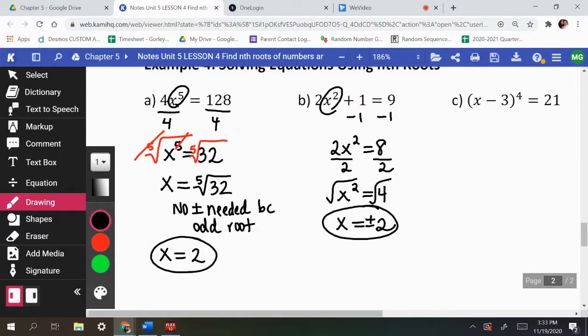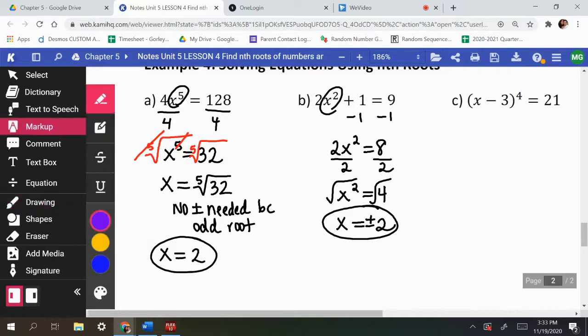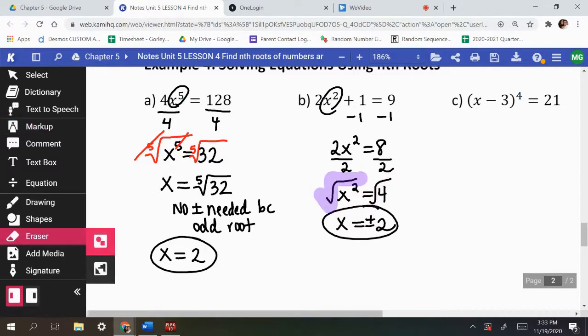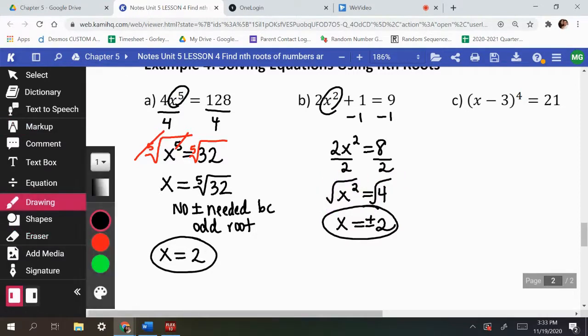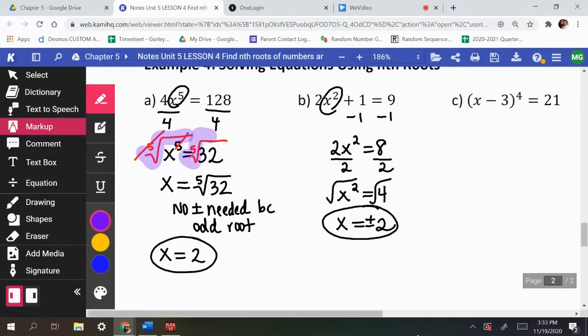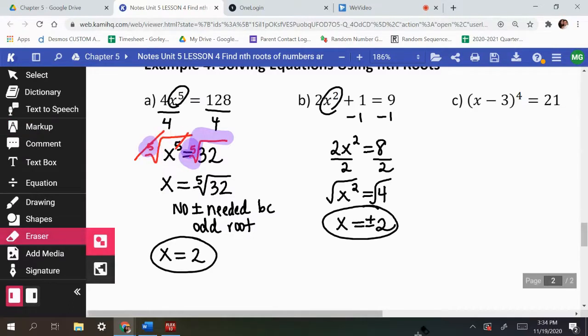How did I know I needed plus or minus? It was because it was an even root, and I was writing the symbol in myself, right? Anytime you are physically drawing in that radical symbol that wasn't there before, you need to put a plus or minus for those even roots, okay? Even though over here we drew in the radical symbol ourselves, we did not need the plus or minus because that root was an odd root.